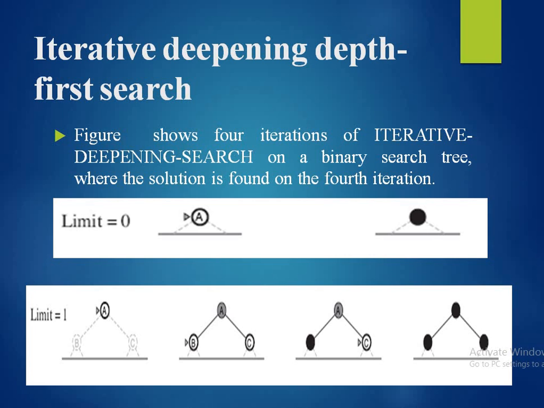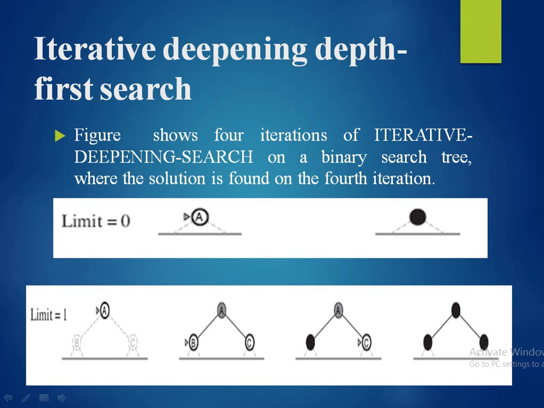The figure below shows the 4 iterations of iterative deepening search on a binary search tree, where the solution is found on the 4th iteration. Here it shows the first iteration where the limit is equal to 0.